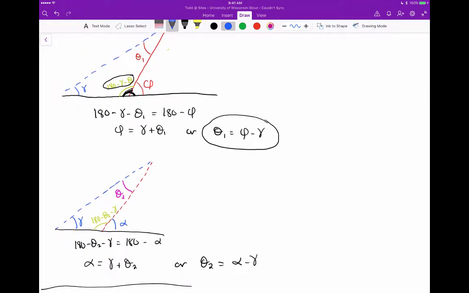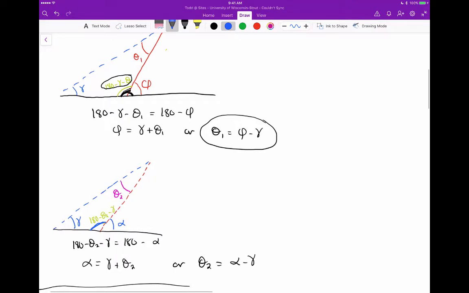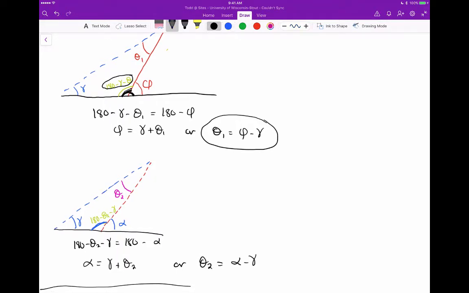So again, we're using a similar argument where the interior angles have to add up to 180, which is how I get 180 minus theta 2 minus gamma is that angle. And we're going to use the fact that this is 180 degrees, so 180 minus alpha equals that angle in there, and I end up with this relationship between theta 2, alpha, and gamma.